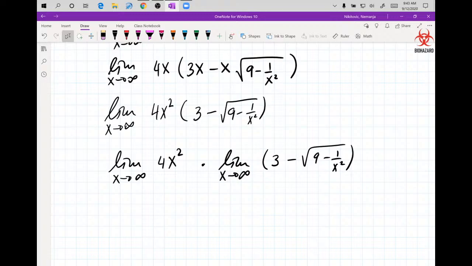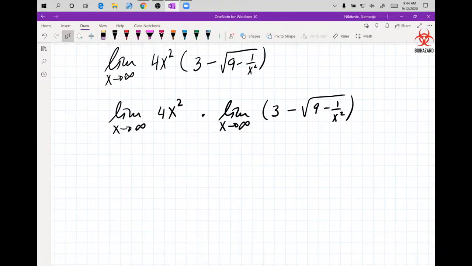And problems like this, again, will be studied in 4.7 when we do L'Hopital's rule, because they require the derivative for us to solve the problem. So if you take a look at this, right, this piece over here will give infinity, and this piece over here will give 0, because this part goes to 0, and then you have 3 minus root 9, and 3 minus 3 is 0.